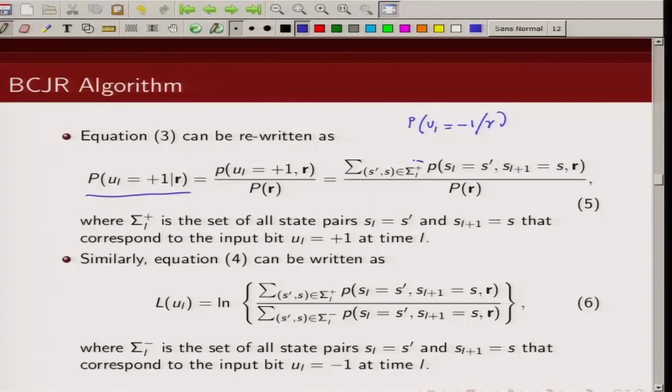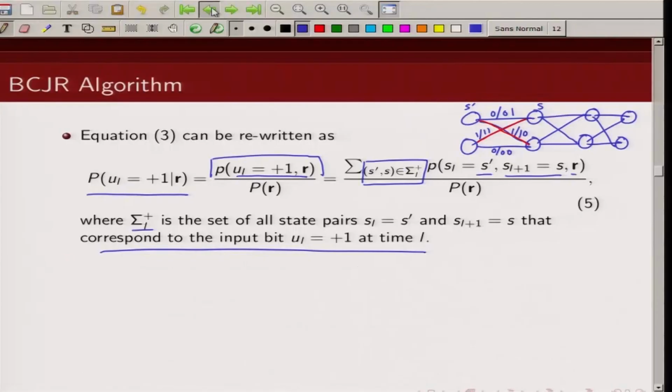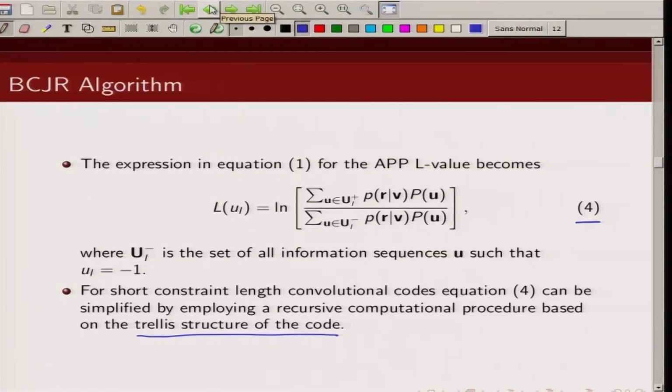If I plug in these values of probabilities given by equation 5, then instead of this, I will have a summation over S prime, S, over all those pairs which correspond to UL being -1, and I will get this same thing here. If I do that, I will get equation number 6. Note that previously I had this expression, equation number 4, in terms of the input sequence UL.